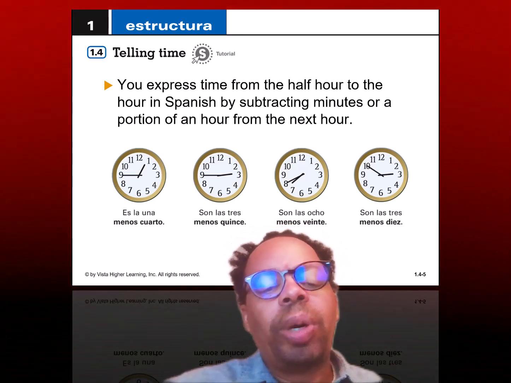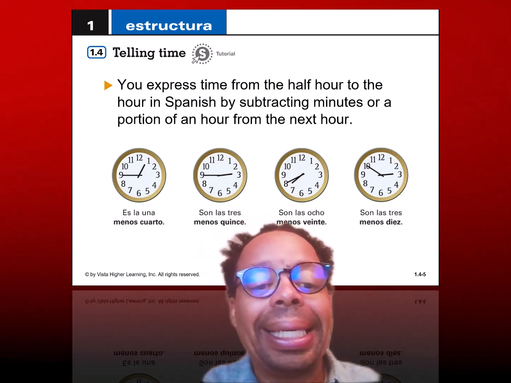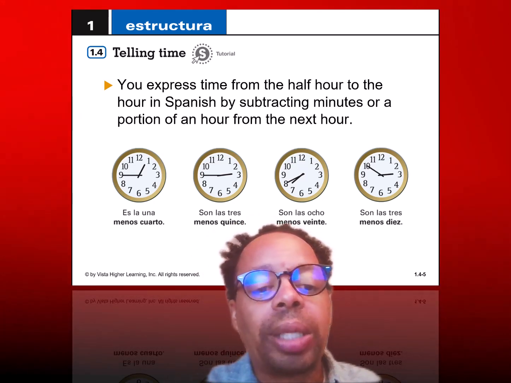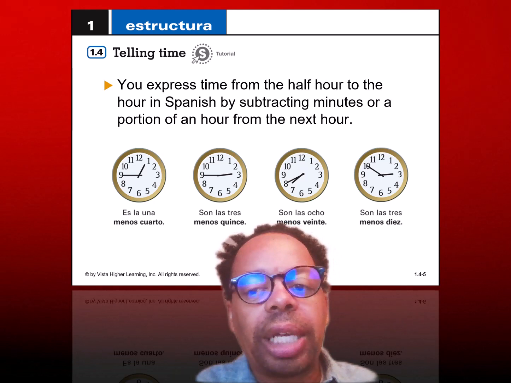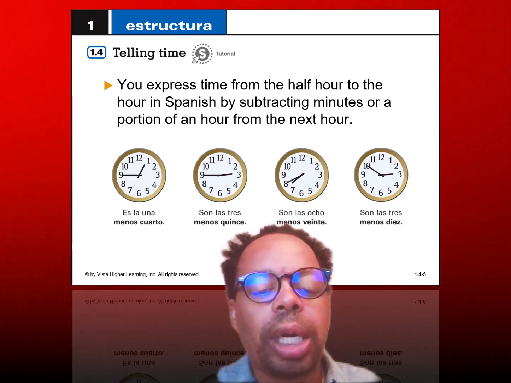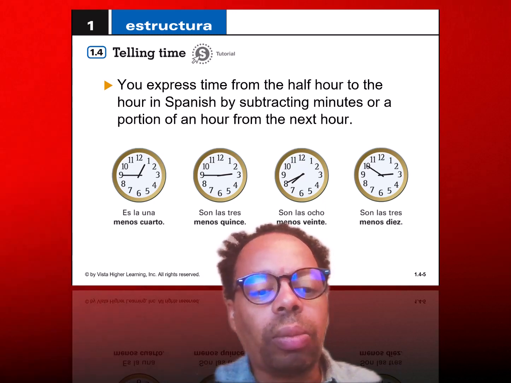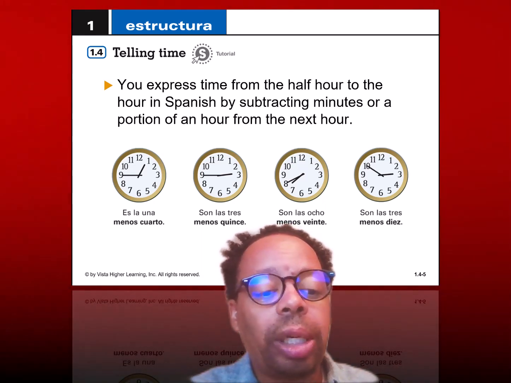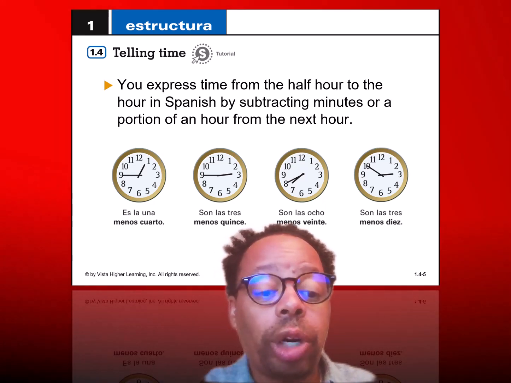So before, we're using the letter Y, E, for 1 through 30, and we're using menos for 31 to 59. That's one of the things I would look at in your homework assignments: first look at the minutes. Are the minutes between 1 and 30? Are they between 31 and 59?